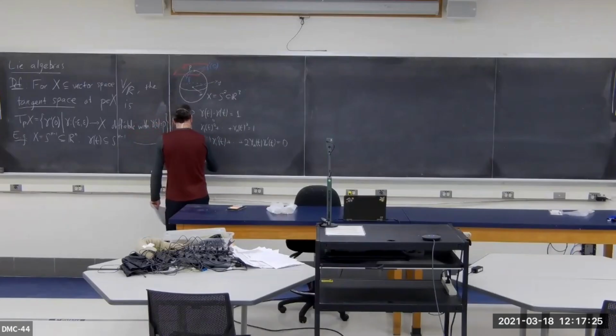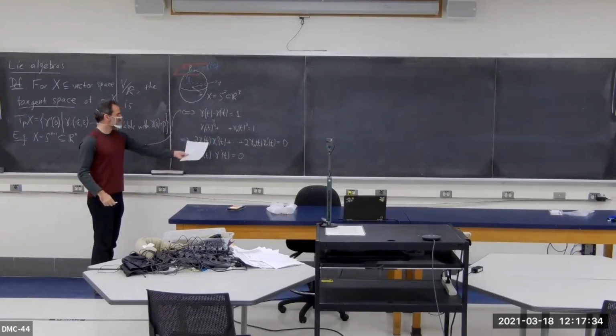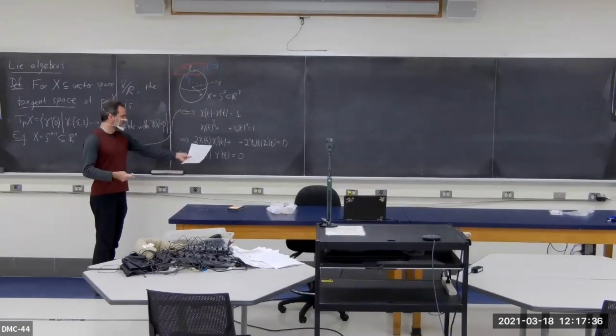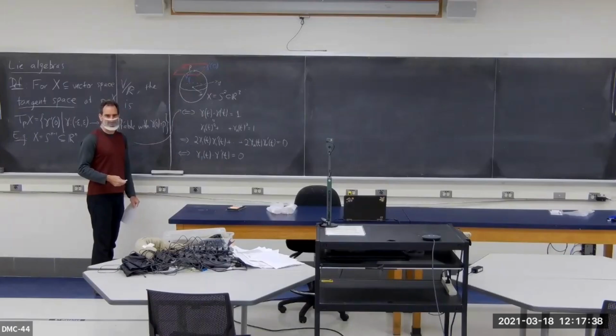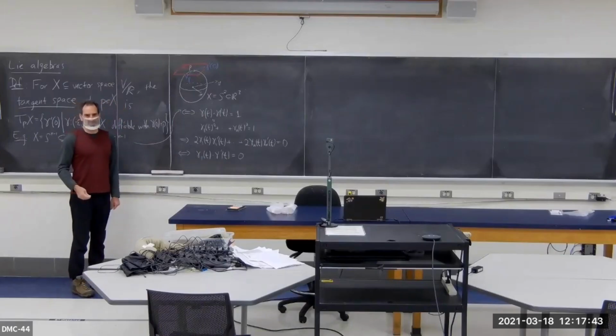So gamma of t dot gamma prime of t equals 0. That's what this equation says: twice gamma of t dot gamma prime of t equals 0. That's the same thing as, you can divide by 2 since we're in a real field, 2 is not 0.